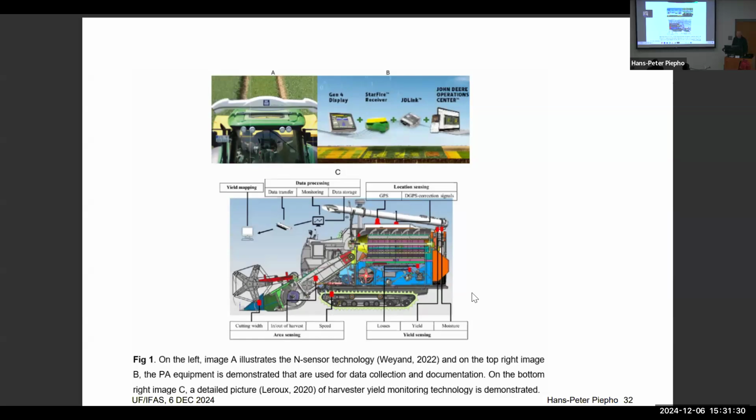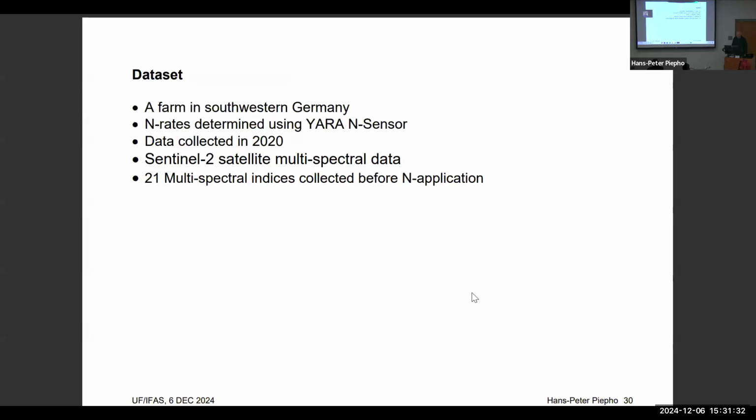So I need to take a step back and point out that the farmer wants to determine the optimal N rates, and the Yara sensor is one way of doing it. It's like a black box that tells you what it is. We're going to use a statistical model that uses this data to derive another model or black box, but it's going to be more transparent because we'll have an explicit model that can retrospectively say what would have been the optimum.